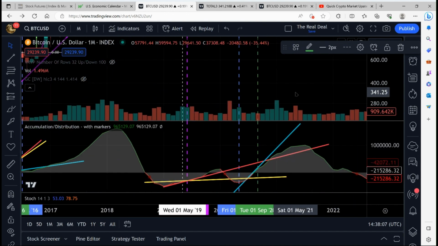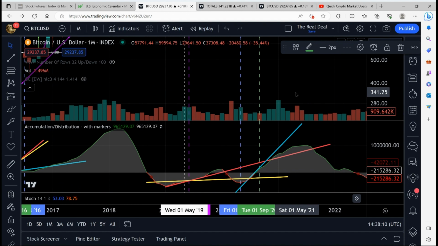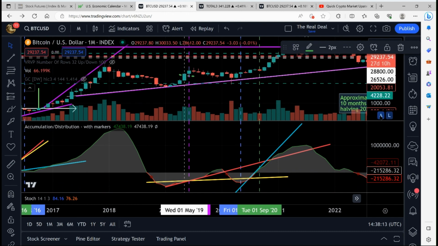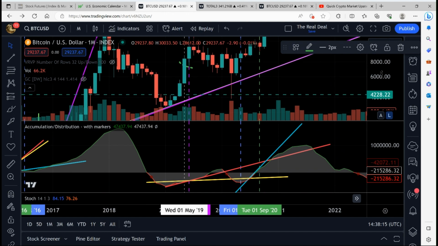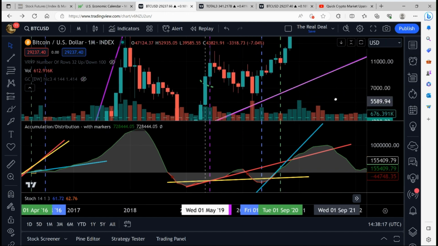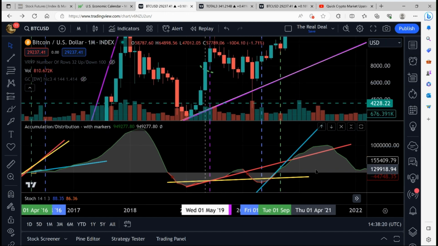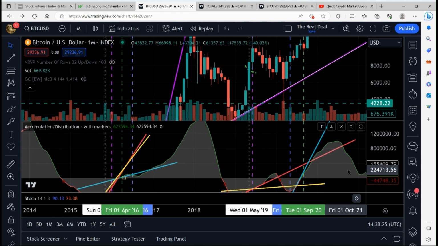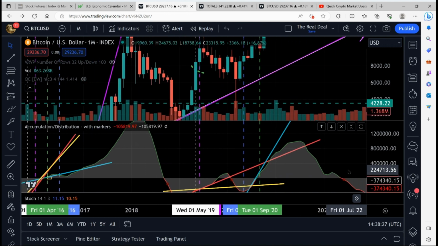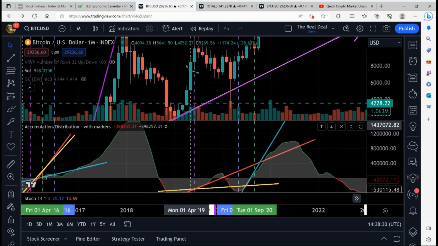Current, oh, this is 2019, 2020. Let's get the price action down here. So initially yellow, we didn't have much of a slope at all.